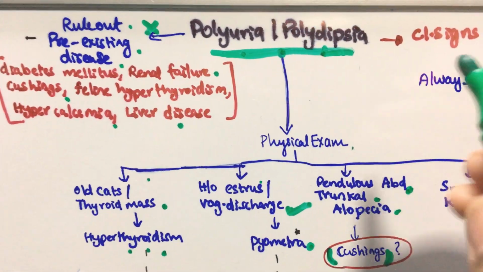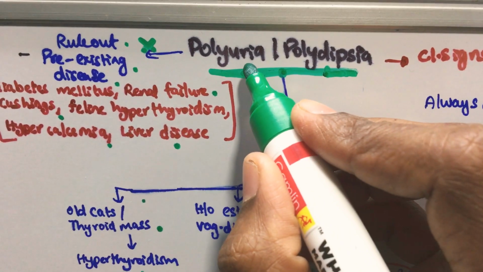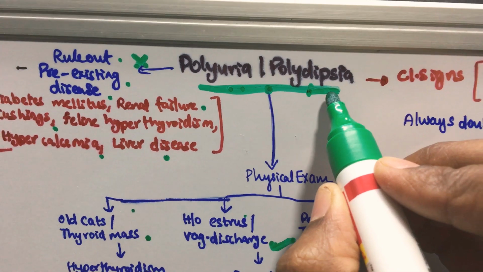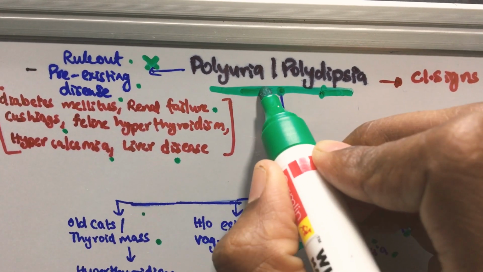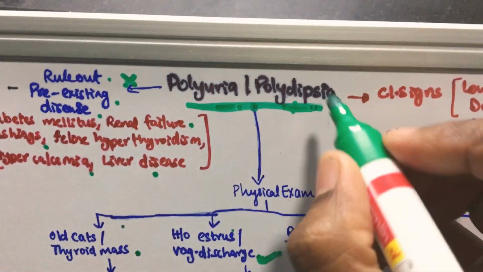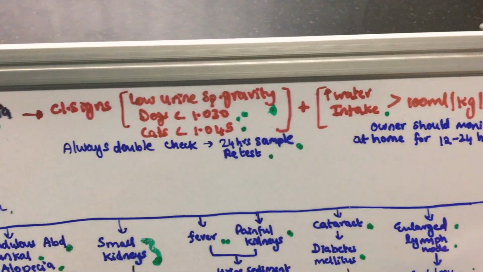In this video, I am going to talk in detail about the diagnostic algorithm of polyuria and polydipsia. In order to confirm whether a patient has polyuria or polydipsia, we measure their specific gravity and water intake.